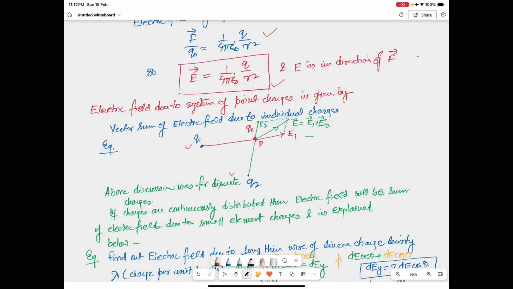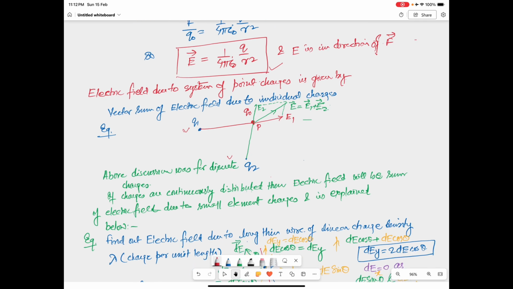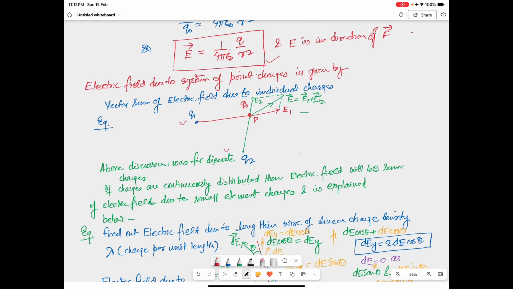Those two forces will act in the line joining the charges. So E1 is the electric field direction, E2 is the electric field with its direction. So the net electric field is nothing but the vector sum of both the electric fields E1 and E2, which we can calculate with the help of the parallelogram.